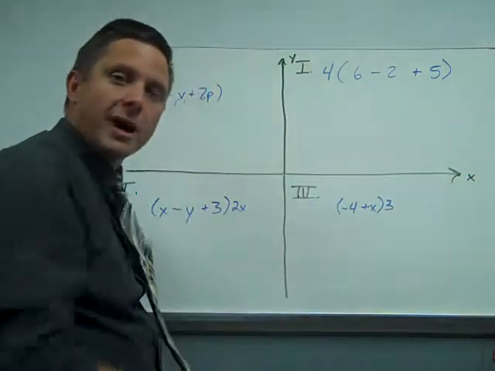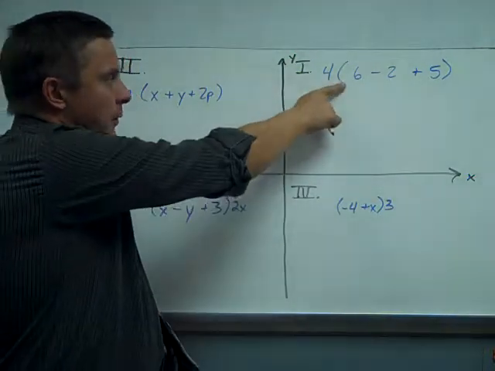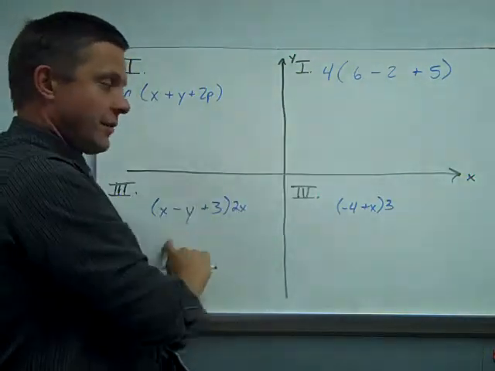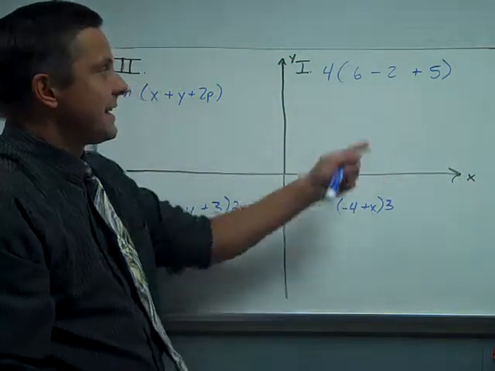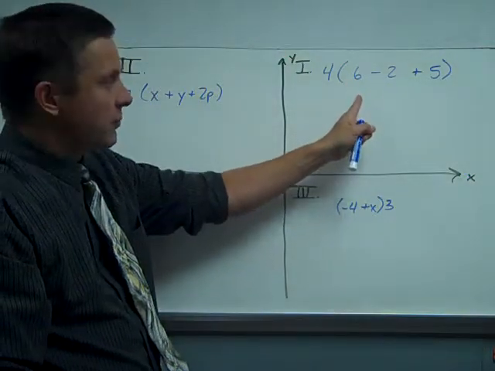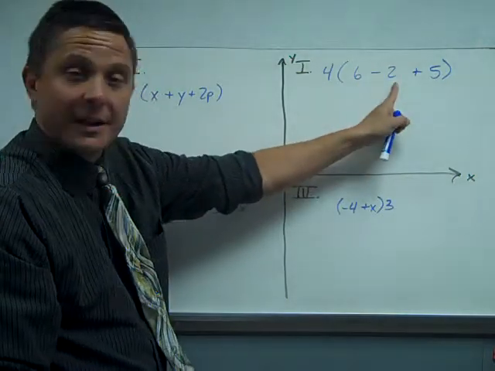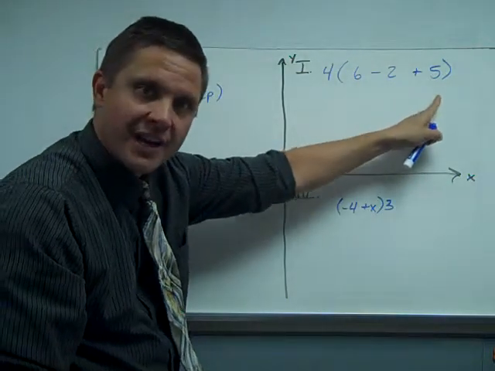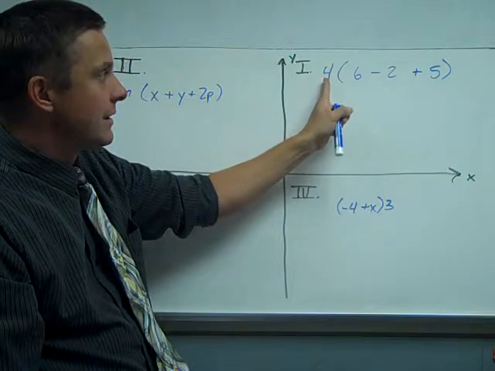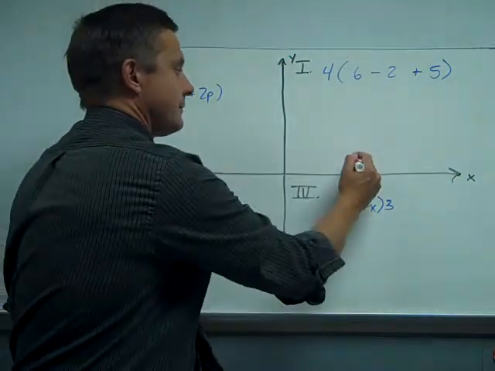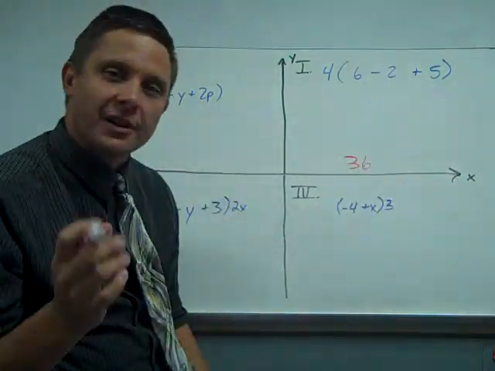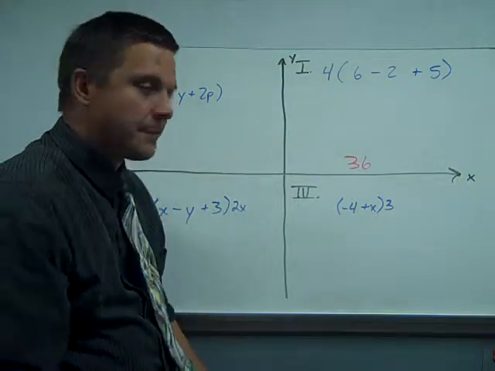And I set up 4 in the quadrants. We'll start up, and we'll go from first to second to third to fourth. And again, I would argue that this should be done: 6 minus 2 is 4, 4 plus 5 is 9, 9 times 4 is 36. But let's do it by distributing, because a lot of times textbooks have you do it this way.